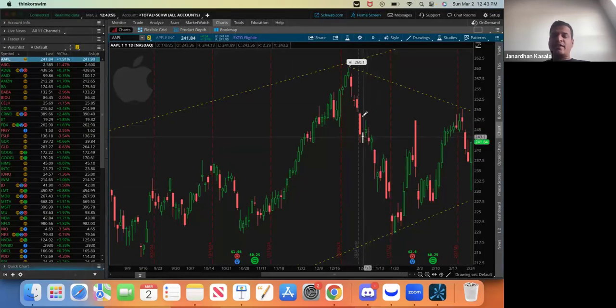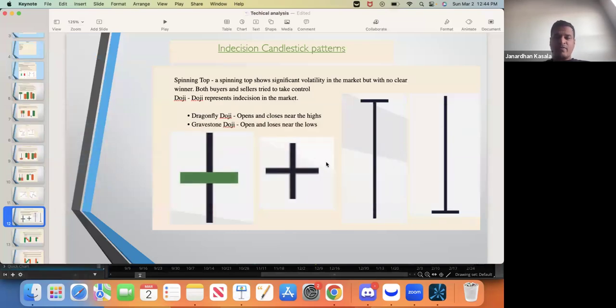When you see an indecision candle, you need to see where you are in the trend. This one is an indecision candle, but to me it tells bullish, it's kind of a hammer. This one looks like a shooting star and tells me bearish.